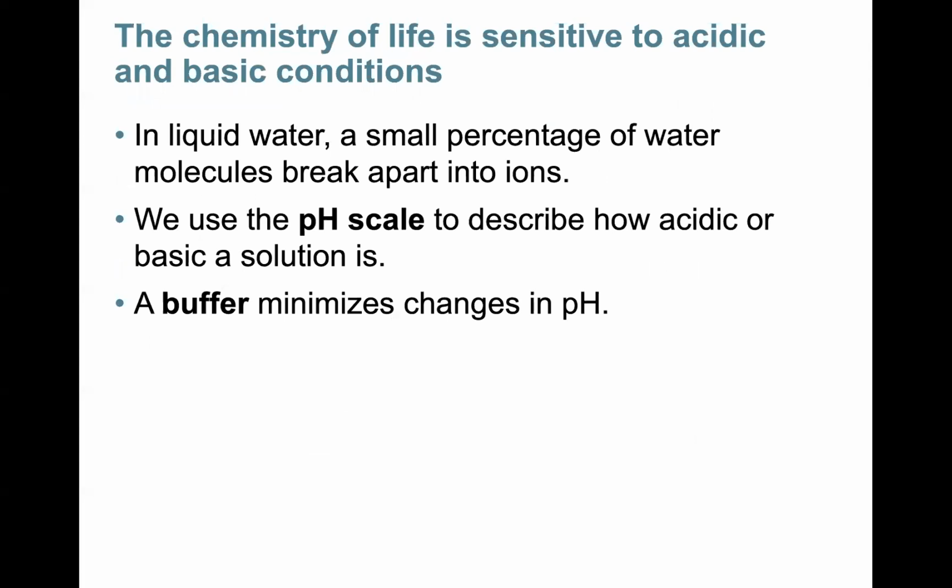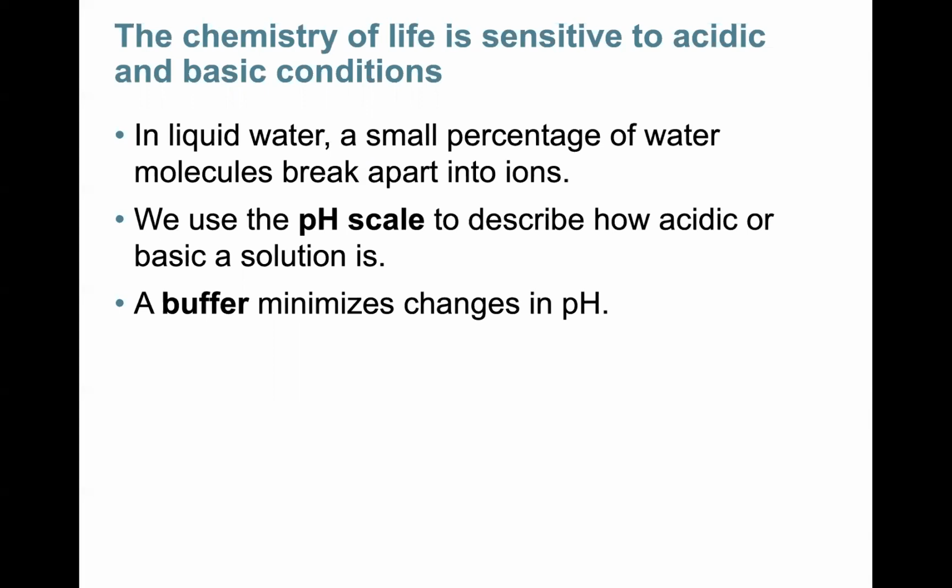When solutions are made, we can consider these solutions in terms of their acidic or basic conditions. Okay, so in liquid water, a small percentage of water molecules break apart into ions. Okay, we then can use the pH scale as a measure or a way to describe how acidic or basic a solution is.